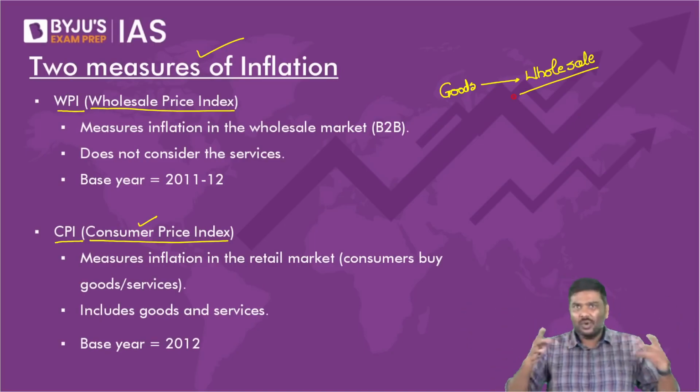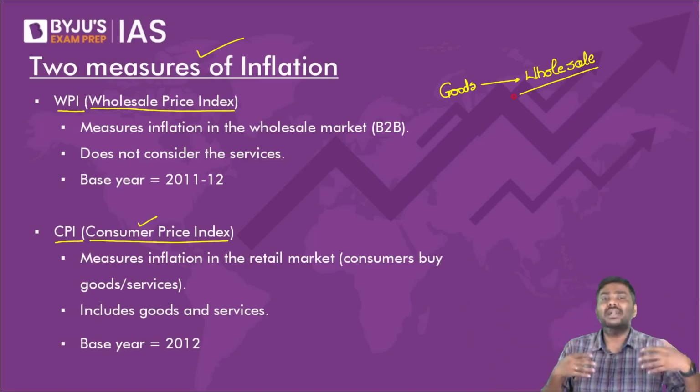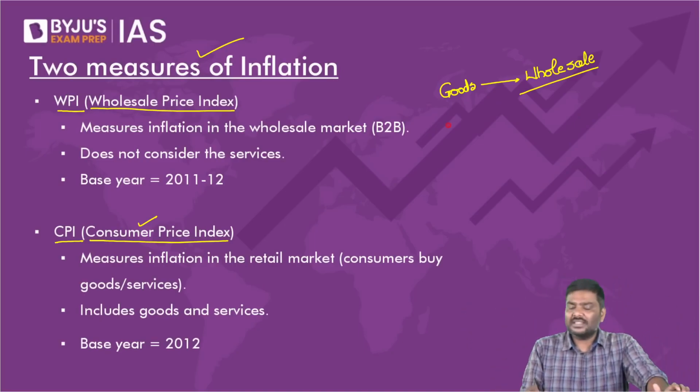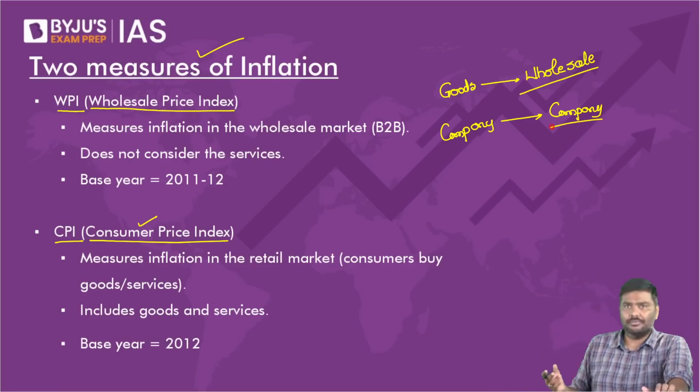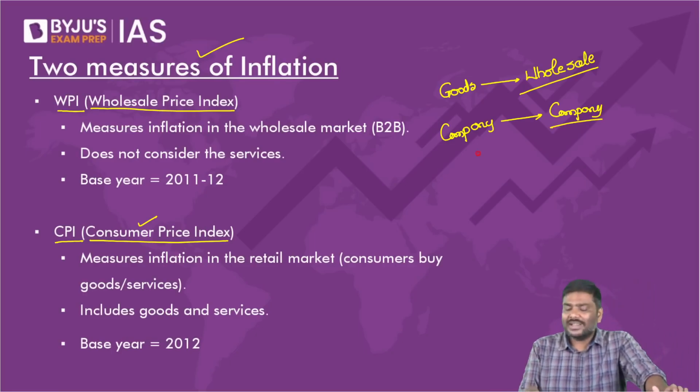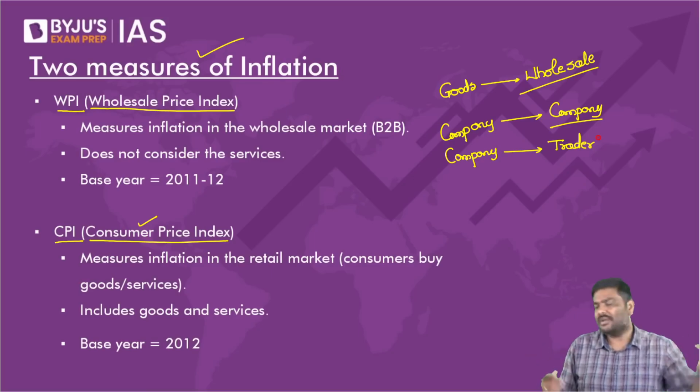So generally in the wholesale market, the main participants are from one company to another company. Goods are sold from one company to another, for example steel, aluminium, etc. From one company to a trader in the market. That is also happening in the wholesale market.